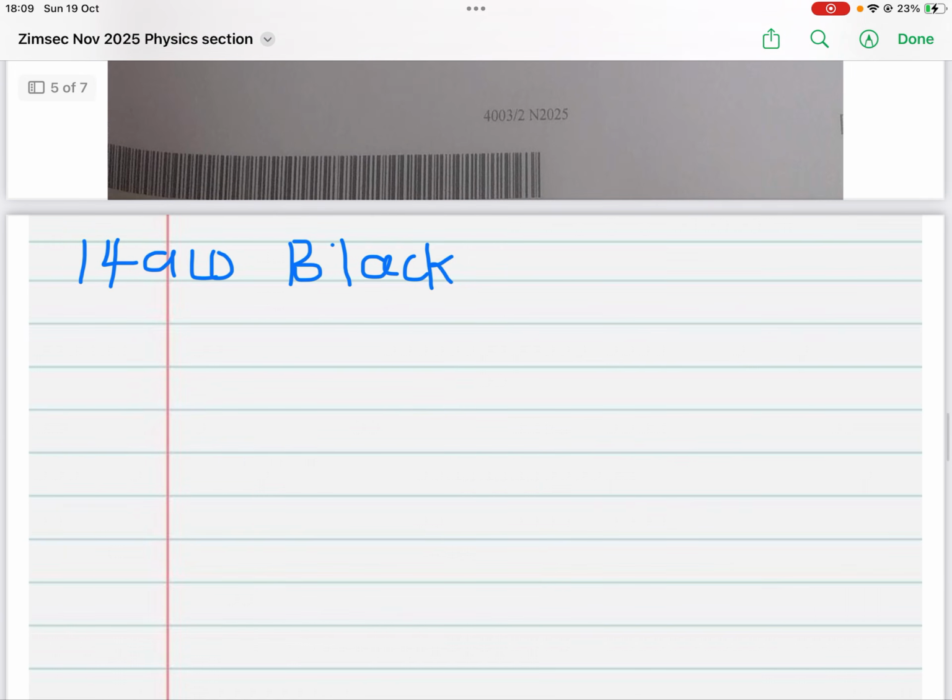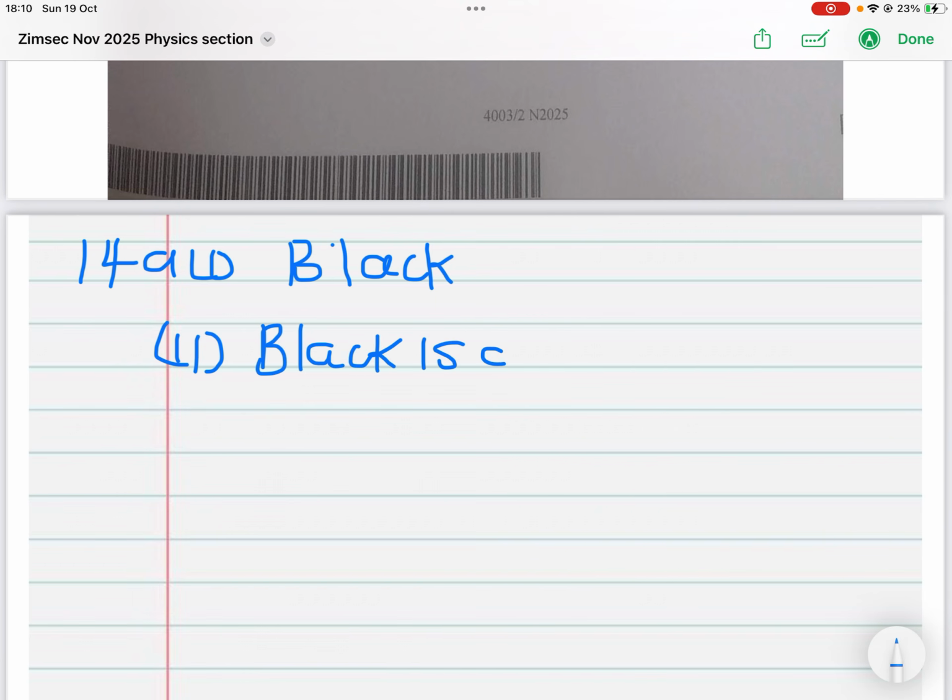And then part 2, explain the answer in A part 1. This is because black is a good absorber of heat.